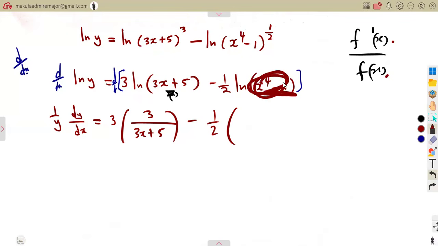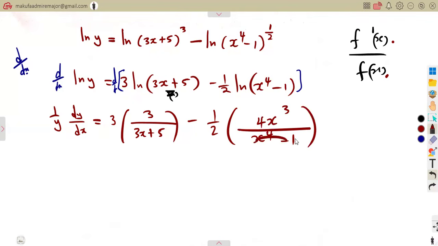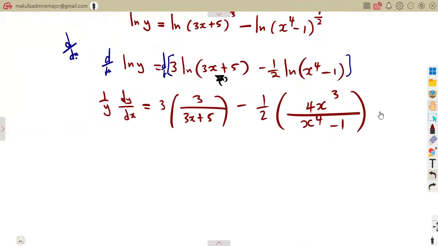You differentiate what is inside, 4x cubed over x to the exponent of 4 minus 1, which is our f of x.